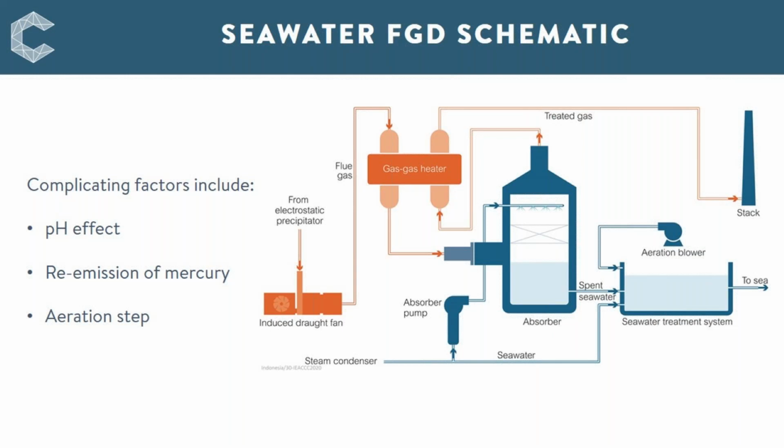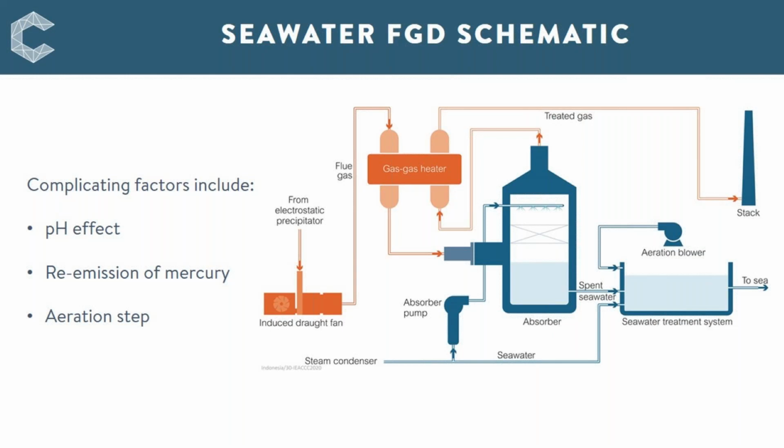However, oxidized mercury is soluble and therefore has potential to be captured in the wet scrubber. But depending on the chemistry in the hold tank here at the absorber, oxidized mercury that's been captured and transferred into liquid may get reduced to elemental mercury, and therefore elemental mercury will escape. That's what we're calling re-emission.